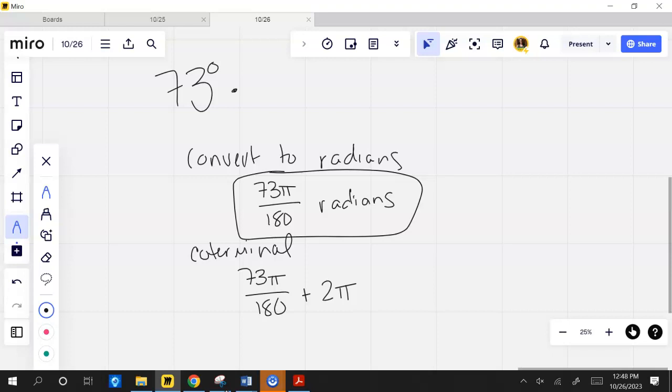For this one, I'm probably just taking this fraction, adding 2, and then hitting math, enter, enter. 73 over 180 plus 2. Until you get used to converting these, you got it right now.